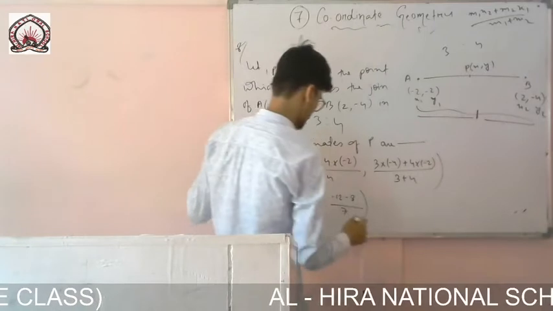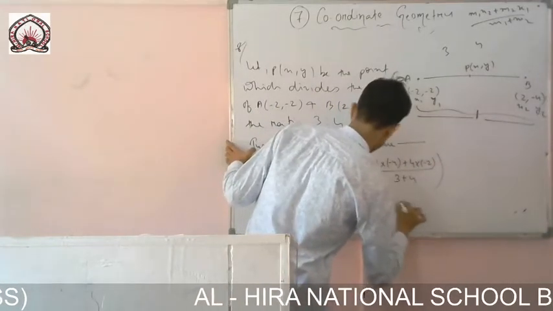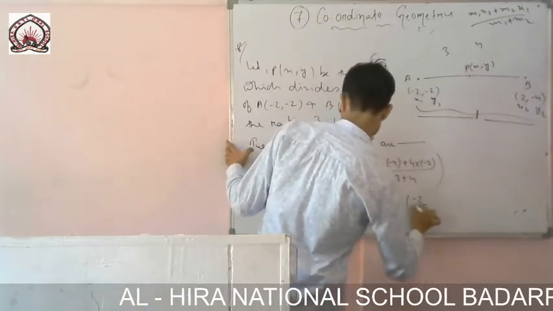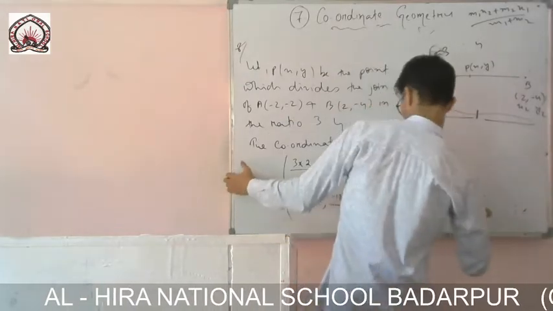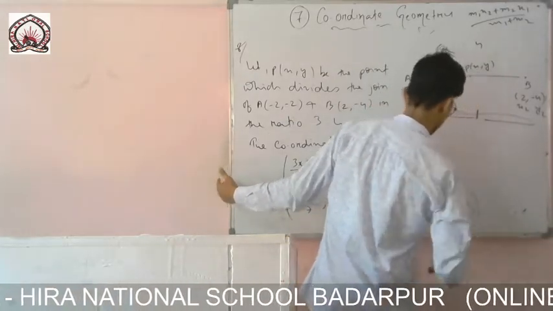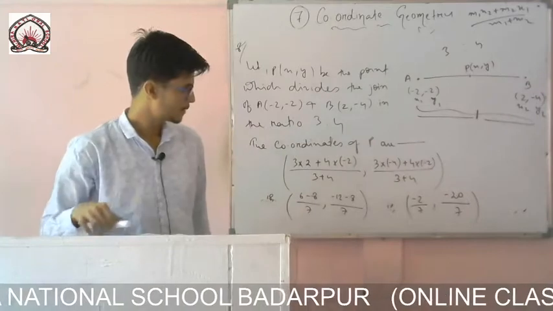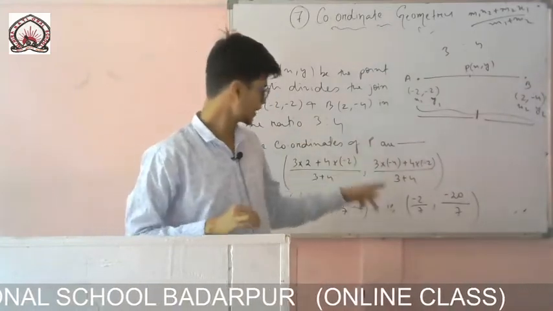So 6 minus 8 is -2 by 7, and there it will be -20 by 7. These are the coordinates of that point. Okay, so this is the coordinate of this point.